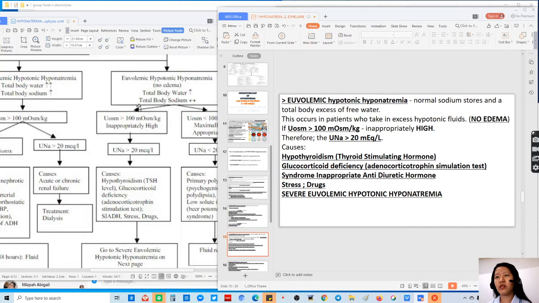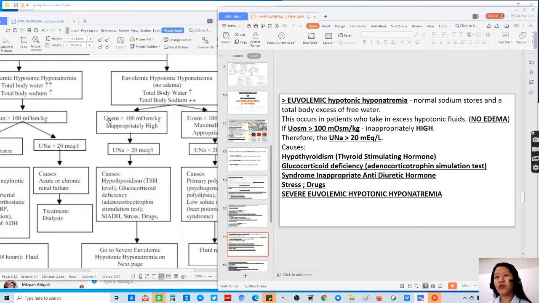The next is the euvolemic hypotonic hyponatremia. It means normal sodium stores and a total body excess of free water. This occurs in patients who take in excess hypotonic fluids. So in this case, the patient has no edema, just excess hypotonic fluids.